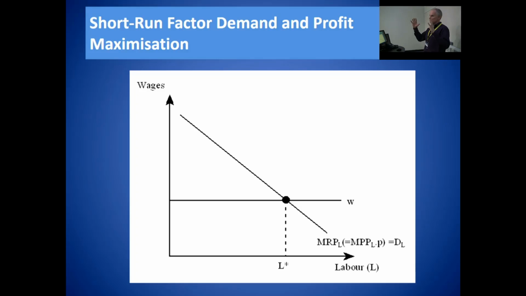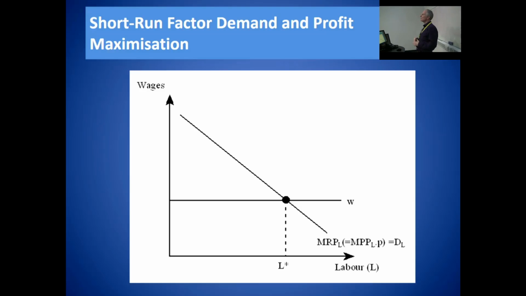Now what we're going to do is bring this all the way round to that very, very first thing I said. And I want you to think about that diagram intuitively. We said a firm will continue to employ labour as long as it's profitable to do so. As long as it's profitable. What does that mean? It means what it costs to employ the labour is less than the value of output.